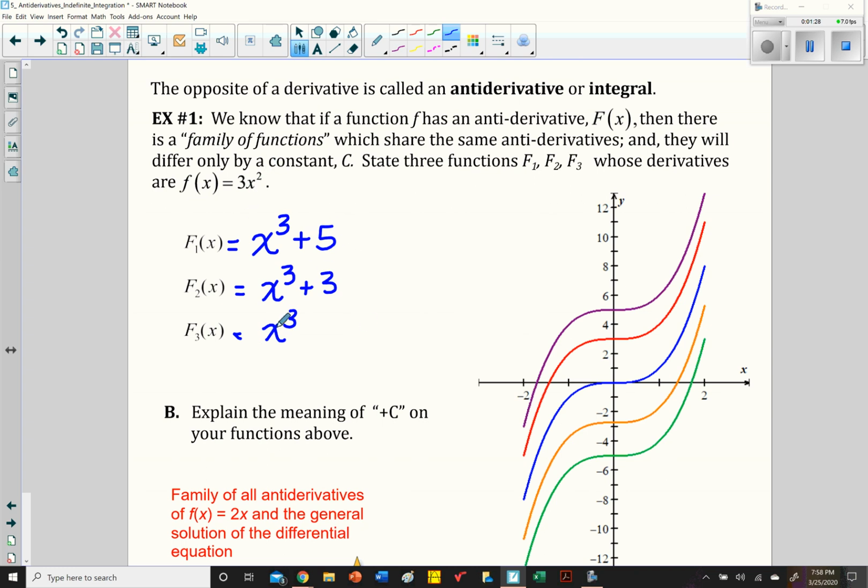Each function only differs by a constant, plus 3, plus 5, plus 0. It's just a translation, but they all share the same derivative, 3x squared.